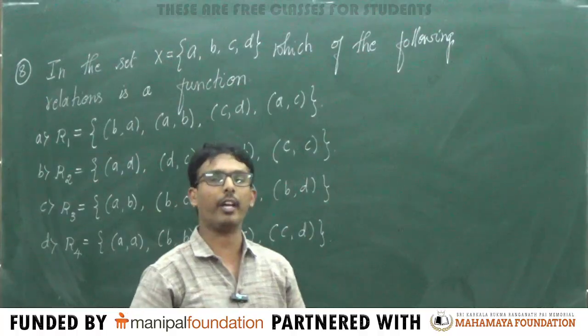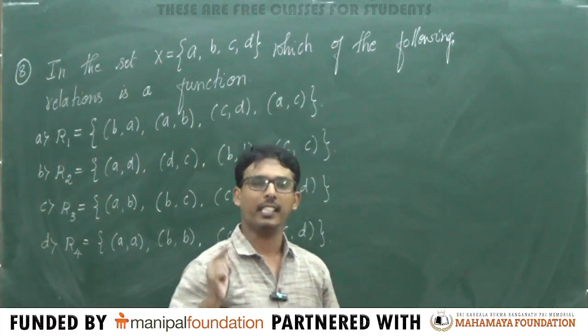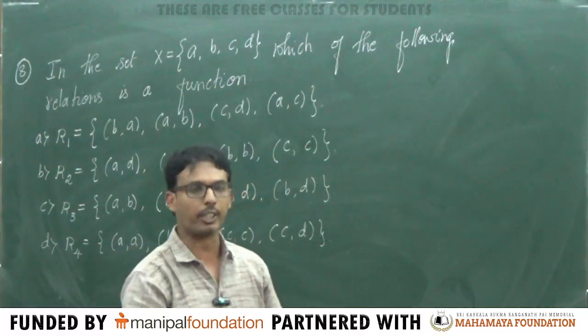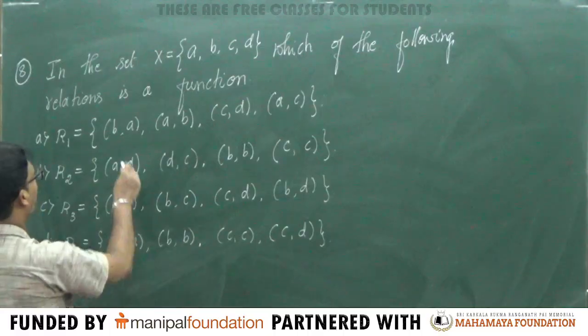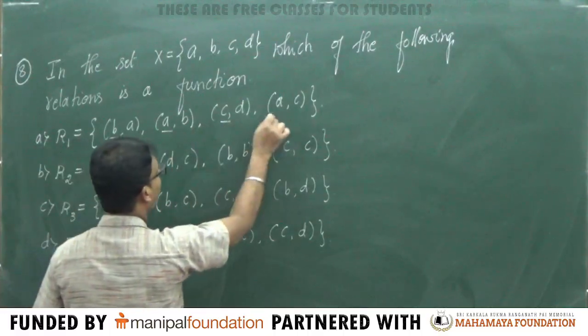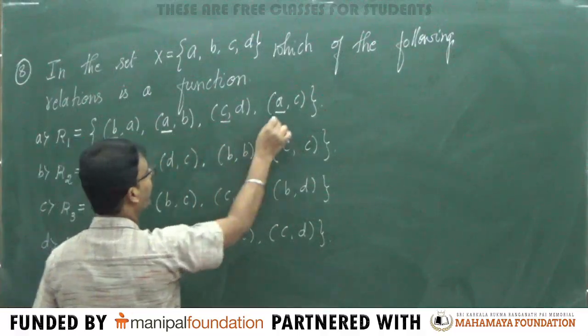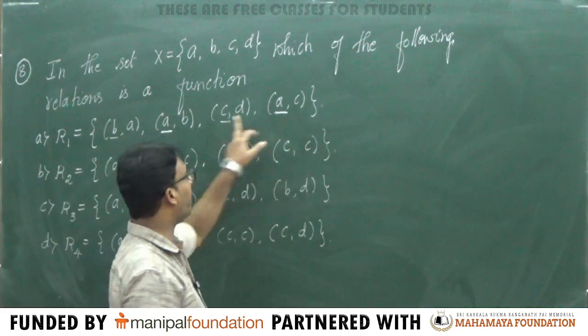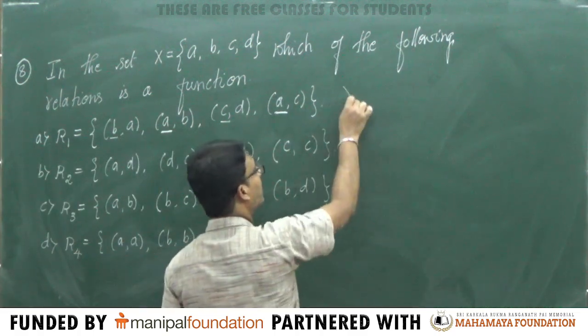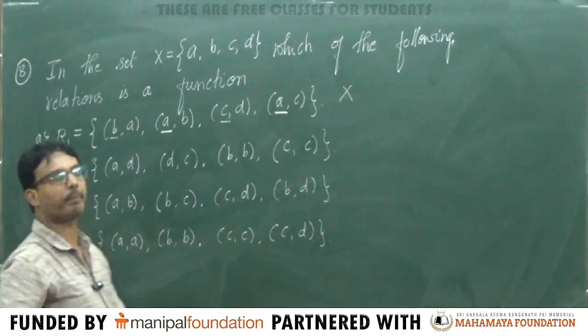Therefore, to verify which relation is a function, you only have to read the first elements. So, in the relation R1, the first elements are B, A, C, A. That is, A is repeating two times. That is, the element A has two images. Therefore, it is not a function.